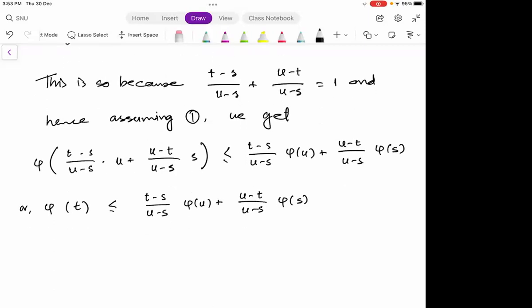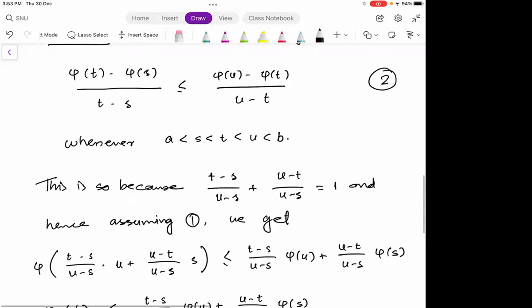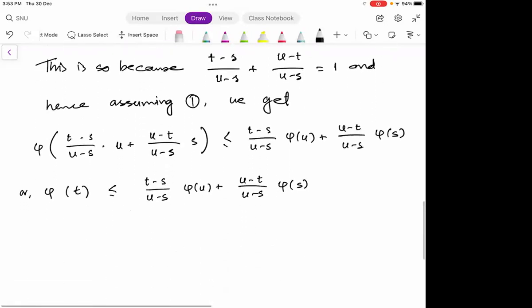Now I do a little bit of a simplification. What I need is this. I need 2. So I have gotten phi t less than or equal to something or other.